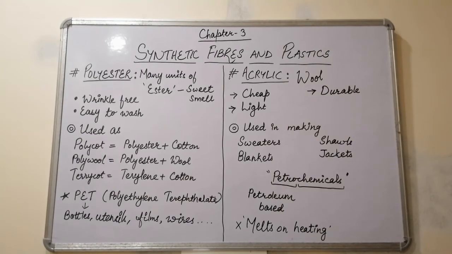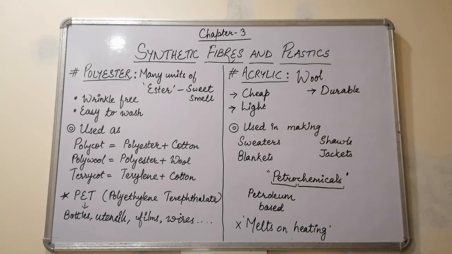So many units of ester combine together to make a polyester chain, and that polyester chain is nothing but the polyester fiber. Now what are esters? Let us learn something about esters. Esters are the chemical compounds which are present in fruits.